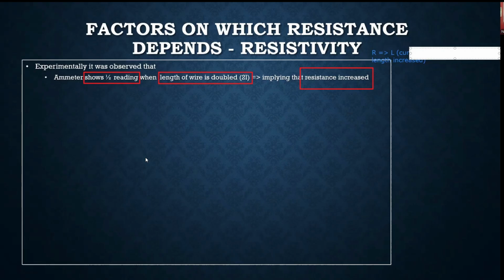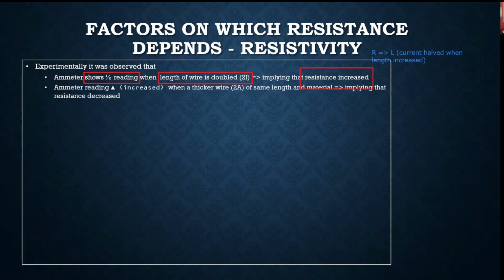Next observation, we played it with area. First, they stretched the wire, they increased the length. Now, they increased the thickness of the wire, they expanded the wire. They found that the reading of the ammeter increased this time. When the length increased, the current decreased by half.